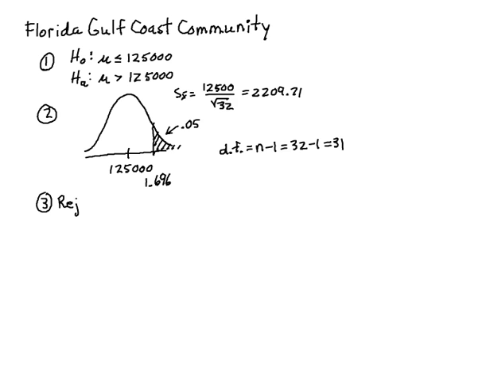I'm going to reject H sub 0 if my test statistic, which I'll calculate in a moment, is greater than or equal to the 1.696 critical value. My test statistic, of course, is basically the t-score or t-value for my $130,000 sample average.